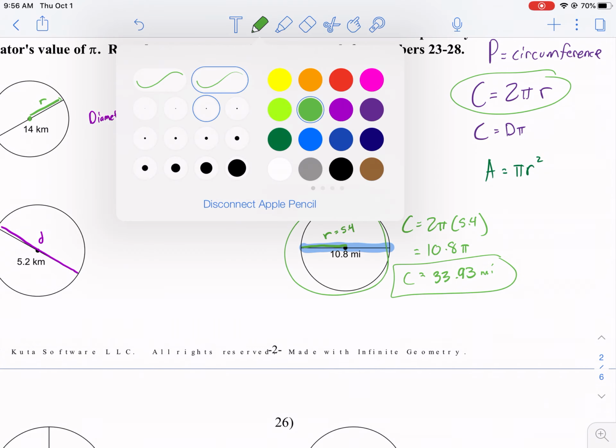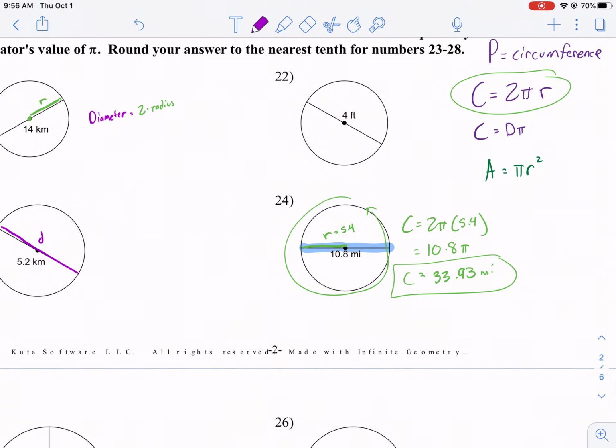Now, what about my area? Well, area, we already know that we're going to be using pi r squared. Well, I got my colors backwards again. What do you know? Area equals pi r squared. My radius is 5.4, so I'm going to square that first. I get 29.16 times pi equals the area. Since it's already in decimal form, I'm going to go ahead and multiply this out.